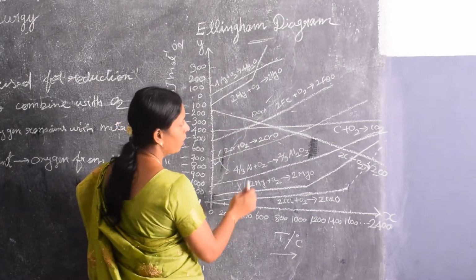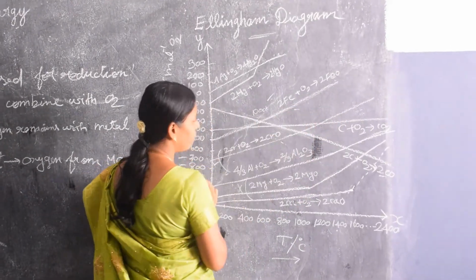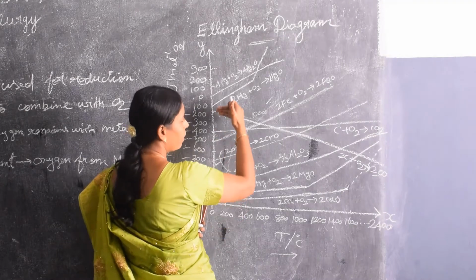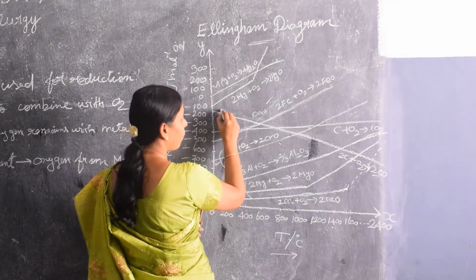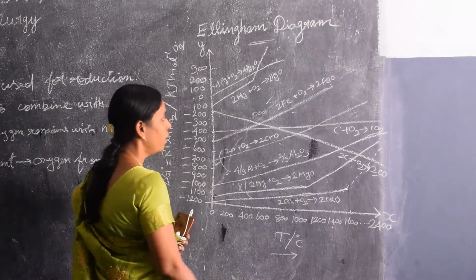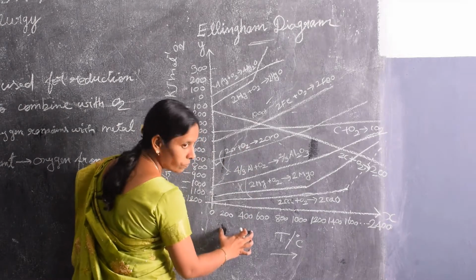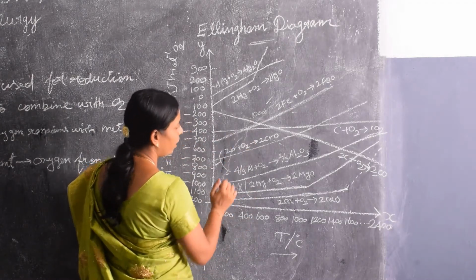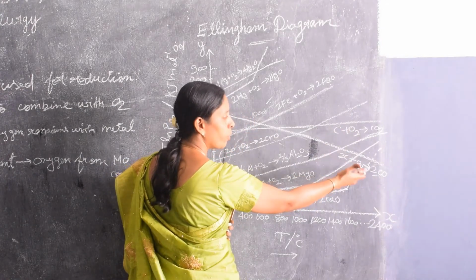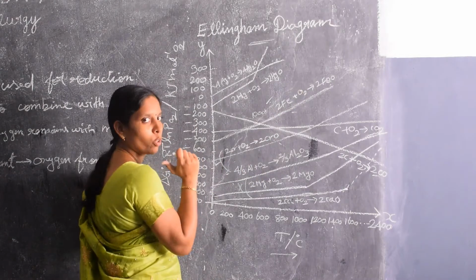The iron graphical straight line பார்த்தீங்கன்னா எங்க இருக்கு? Below the line from the carbon line. So carbon line upper part ல இருக்கு, iron line below the part ல இருக்கு, இல்லையா? அப்ப என்ன ஆகும்? And also this is a lower temperature, so here carbon monoxide cannot be used as a reducing agent for reduction of metal oxide. யூஸ் பண்ண முடியாது.